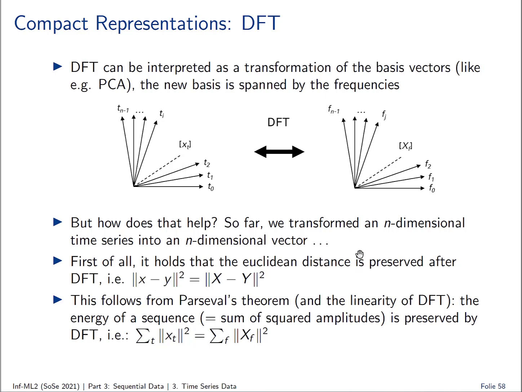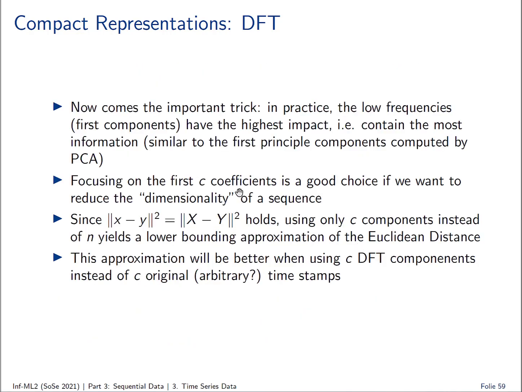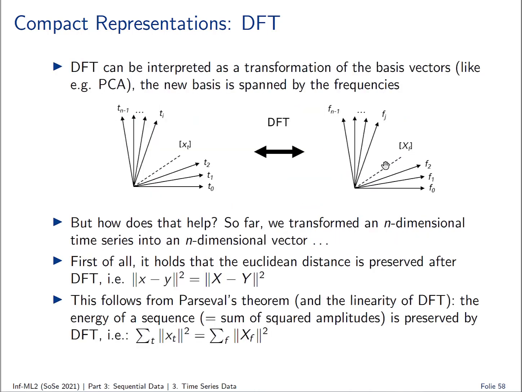Okay, still nice, but who cares? Well, the important trick is based on this observation here. In practice, the low frequencies, which are the first components, have the highest impact on the representation.